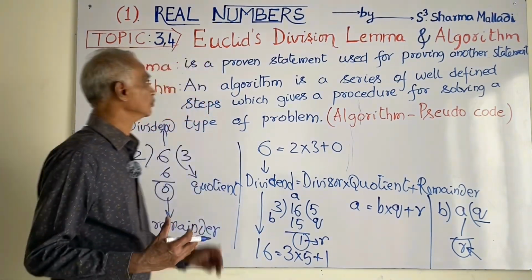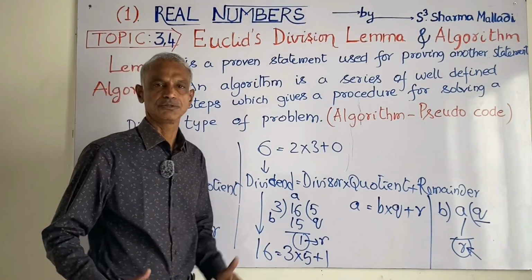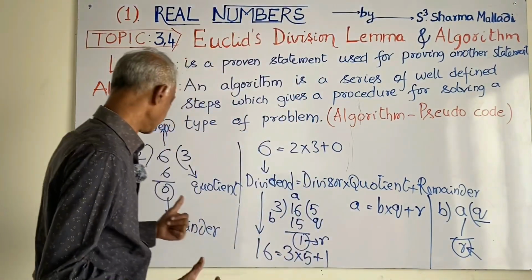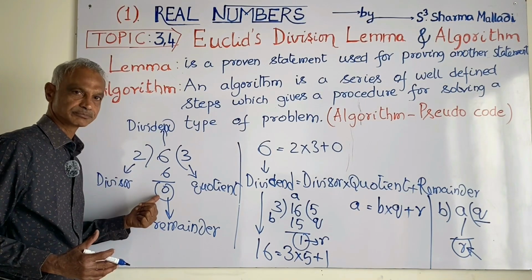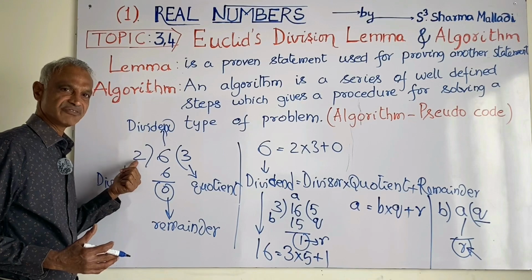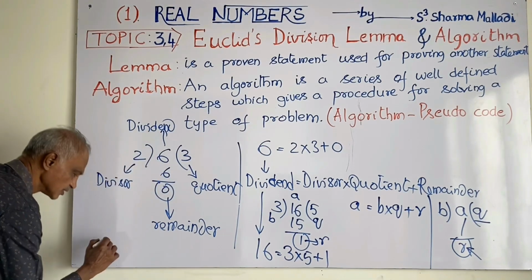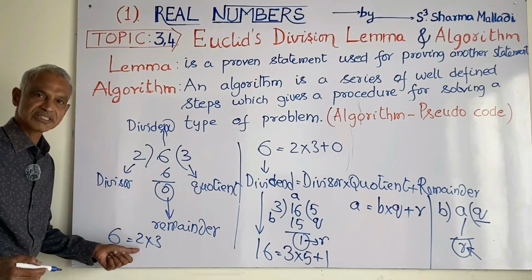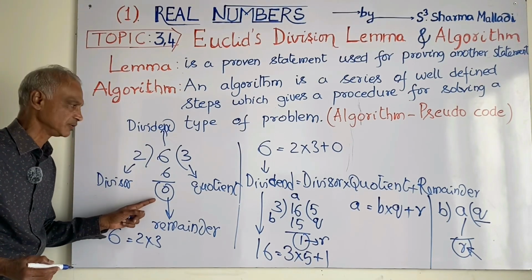Then we can go to Euclid's division lemma. You should understand dividend is equal to divisor into quotient plus remainder. When I divided 6 by 2, I got remainder 0. Then we can say 2 is a factor of 6, and 3 is a factor of 6. 6 can be written as 2 into 3. 2 and 3 are factors of 6 because you got the remainder as 0.